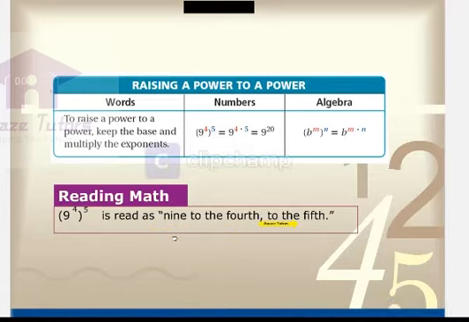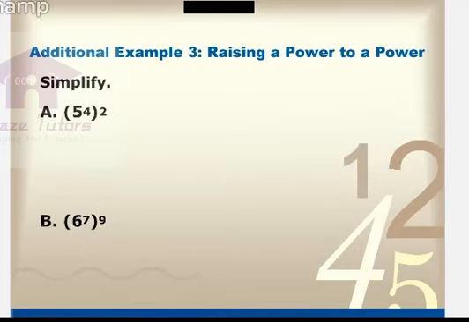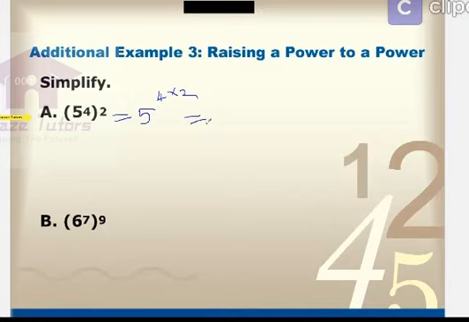Is it not? 9 to the 4th power to the 5th power. Reading math. Now let's do some questions based on raising a power to a power. So there are 2 powers. 5 power 4 the whole power 2. What should I do according to the property? I need to multiply. So 4 2s are 8.